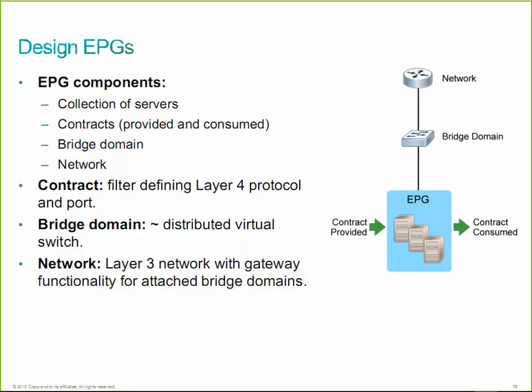This application network profile is a collection of EPGs, the connections that are used by those EPGs, and the policies that define those particular connections. So it represents the logical structure of the application and all of the interdependencies that that application has within the ACI Fabric.